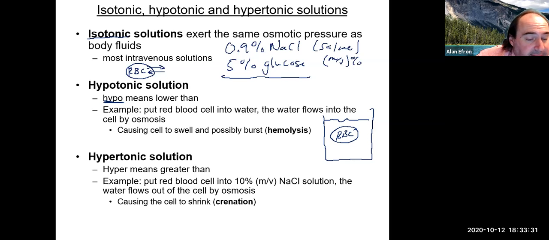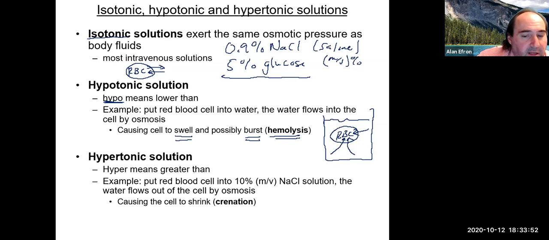What's going to happen is osmosis is going to make the water outside of the cell start to flow into the cell. A cell is really like a membrane, basically, right? So all the water will flush into the cell. That's going to cause the cell to swell and possibly burst, which I'm assuming is not a good thing.